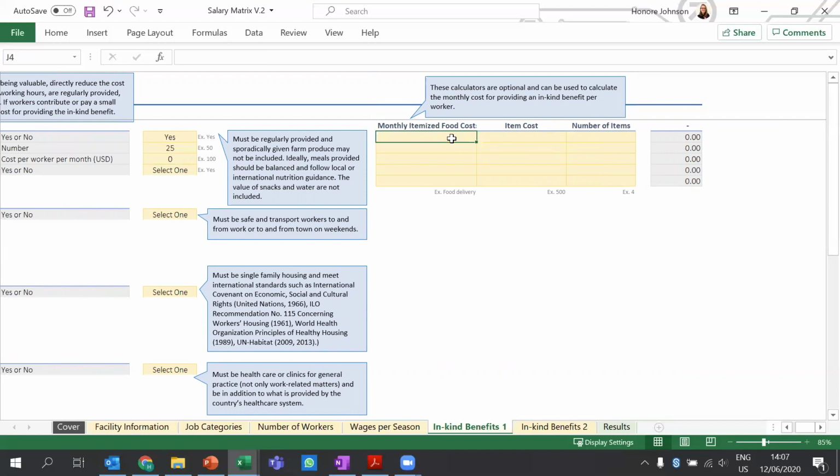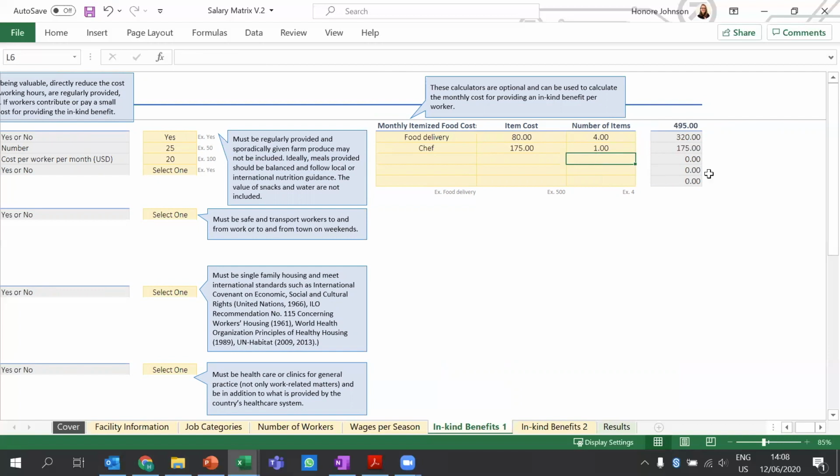So for example, if we have a weekly food delivery, we will put the word food delivery here. And this costs $80 per delivery, and we have 4 per month. And we also have a chef. We can enter the word chef here. The chef is paid $175 per month, and there's only 1.